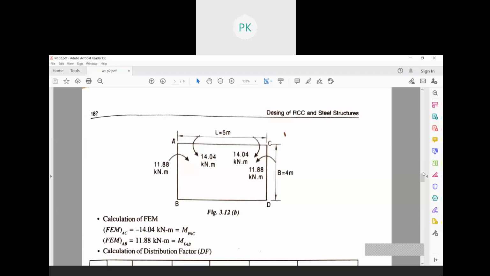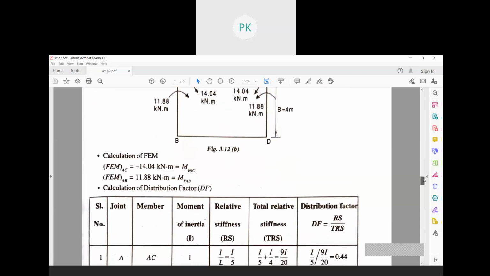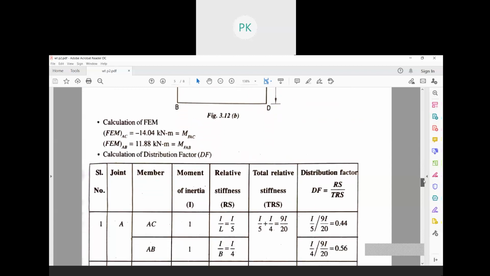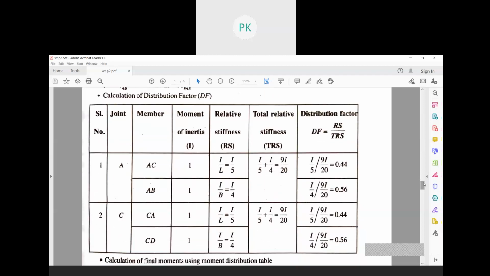So how to take these moments and calculate the final moment, we have to distribute it equally. To do that, as we all know, according to the moment distribution method, we have to calculate the distribution factor. So distribution factor, as you all know, we can calculate it using this table.